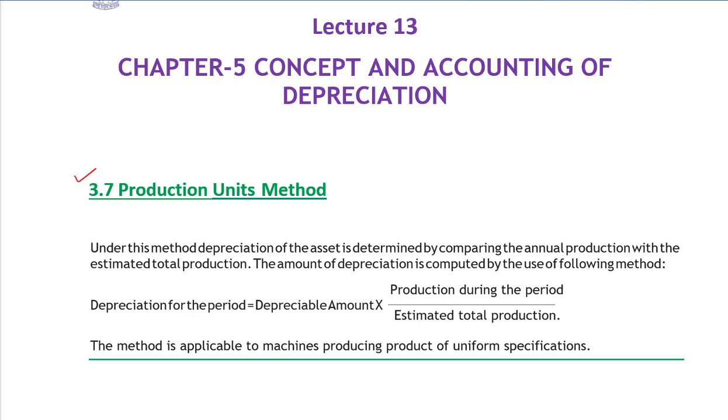Under this method, depreciation of the asset is determined by comparing the annual production with the estimated total production. The amount of depreciation is computed using the following formula.